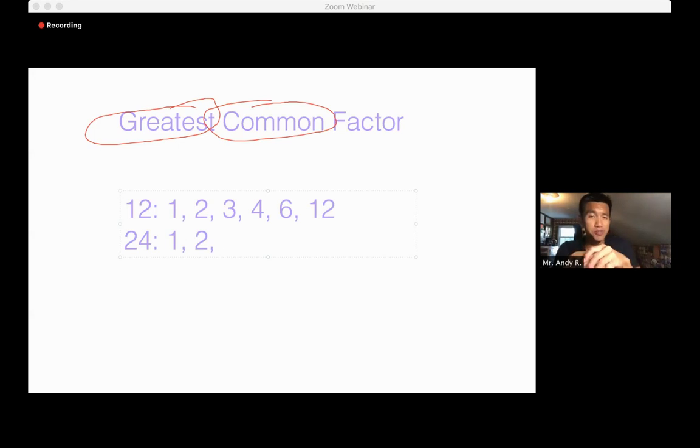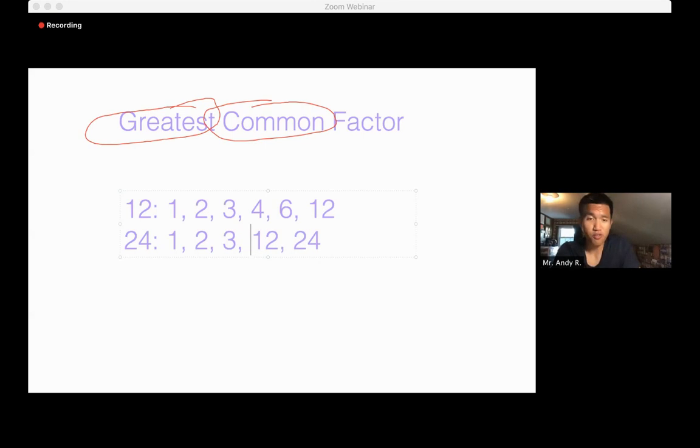I know that 1 times 24 is 24. Now here's a little trick. When you are making a list of all the factors for a number, just start with 1 and then just go up. So 1 times what equals 24? 1 times 24 equals 24. 2 times what equals 24? 2 times 12 is 24. 3 times something equals 24?